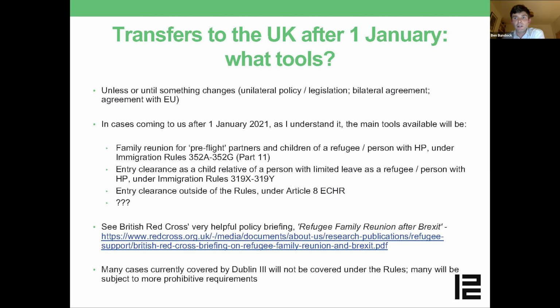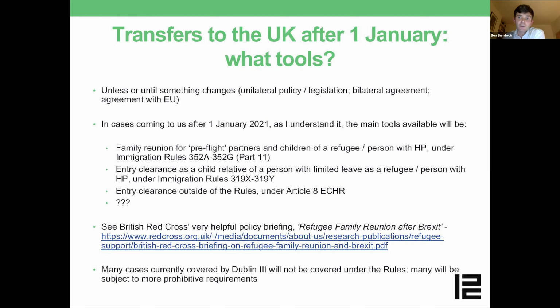Now, broadly, the position as I understand it is that unless something changes, because something could change, the UK is continuing to seek bilateral agreements and agreements with the EU on this. But as things stand, in cases coming after the new year, there are three main options as I see it. I'm thinking whether actually there should be a fourth listed on here, and I'll talk about that as I go.